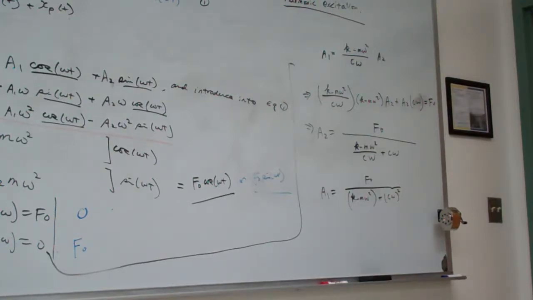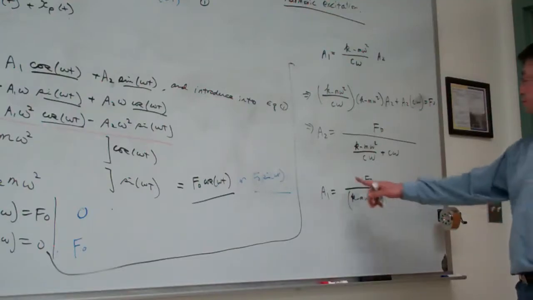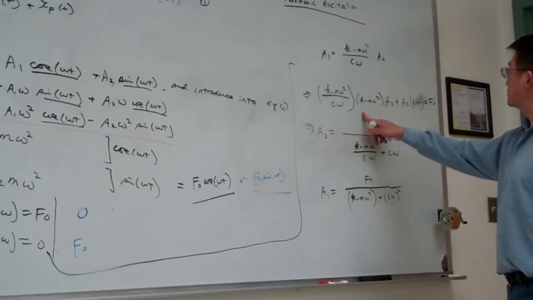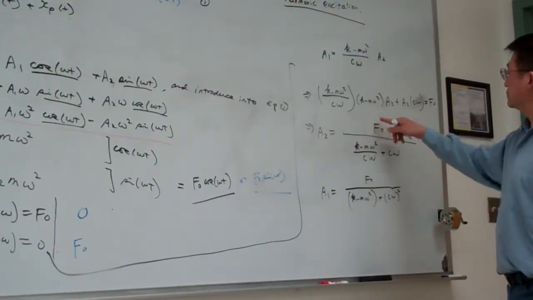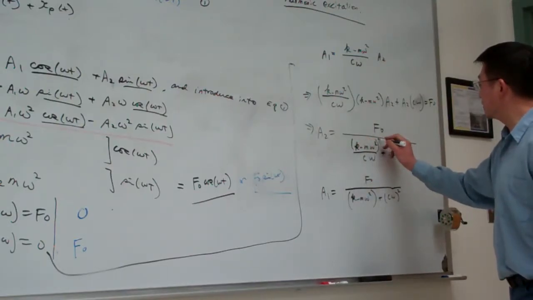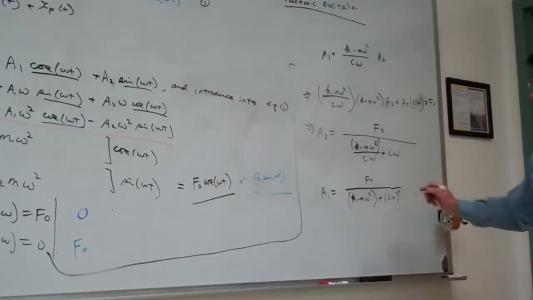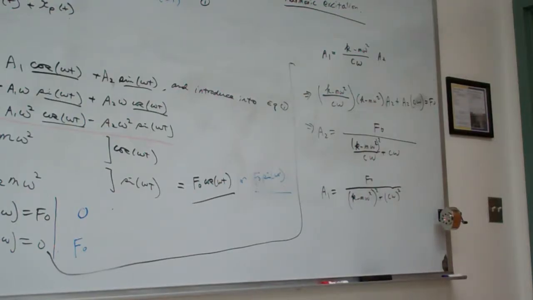Okay? Sorry? Yes. When you're solving for A2, should the k minus m omega squared term be squared? Yes, perfect. Thank you for the catch. I think that is perfect, right?